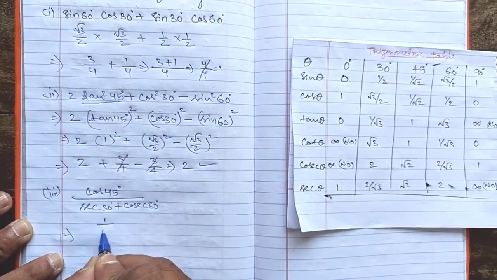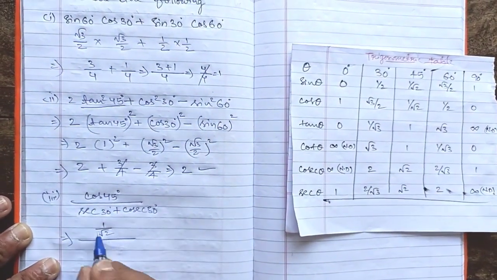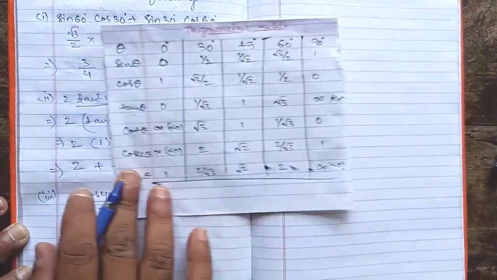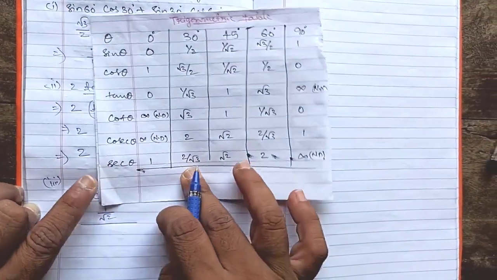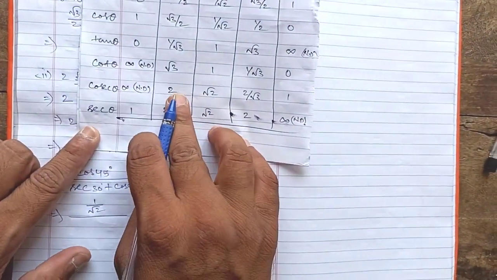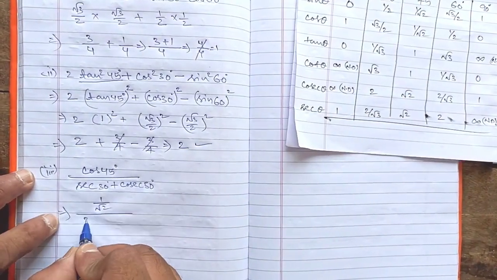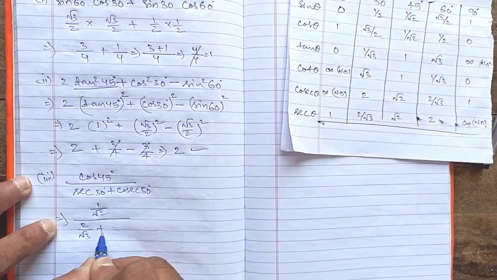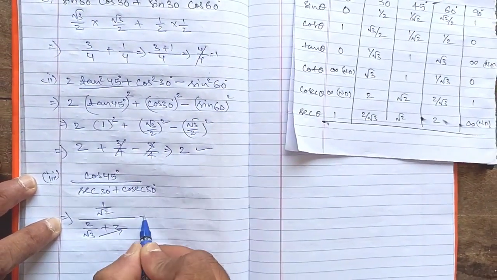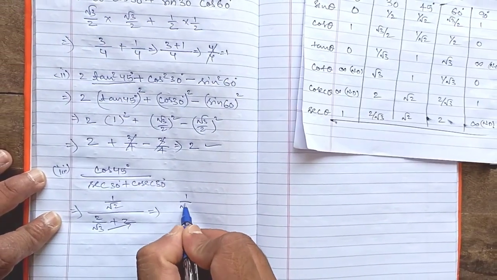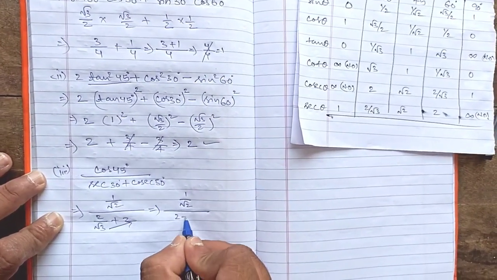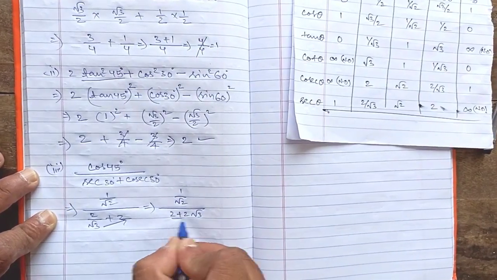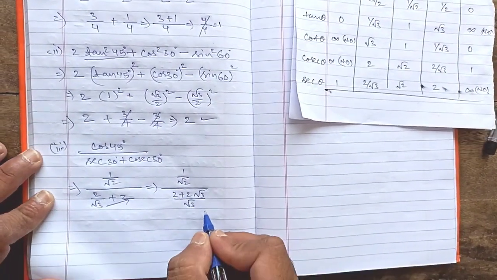Cos 45 is 1 by root 2, divided by sec 30 is 2 by root 3 and cosec 30 is 2. So 2 by root 3 plus 2, multiply this one here, 1 by root 2 whole divided by 2 plus 2 root 3 divided by root 3.